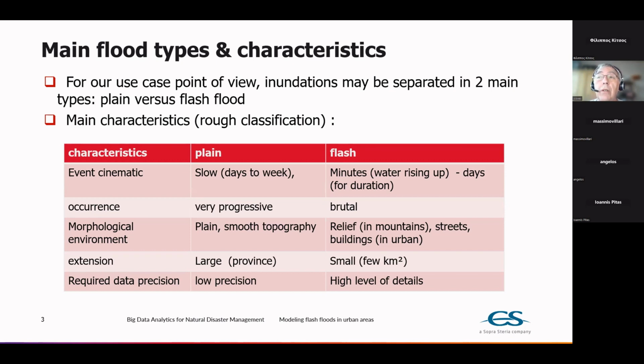The morphological environment, I mean the environment where you can find this type of flood. Plain is, as the name says, usually a large area, more or less flat, at least smooth topography. For the flash flood, I would say we have two different sides.